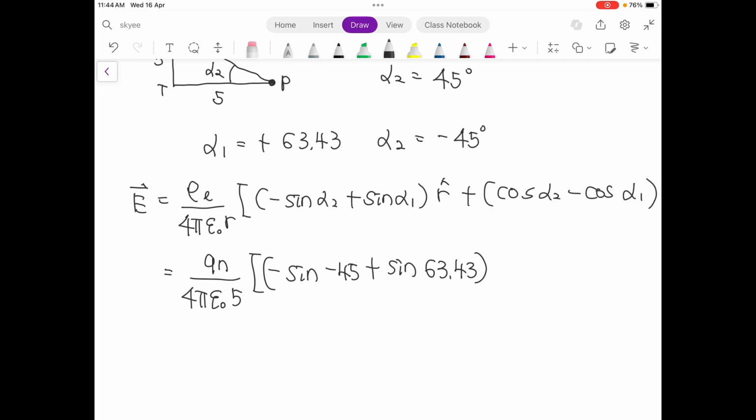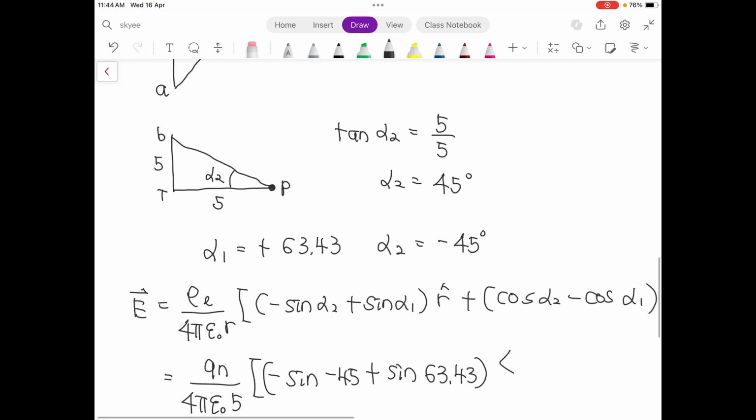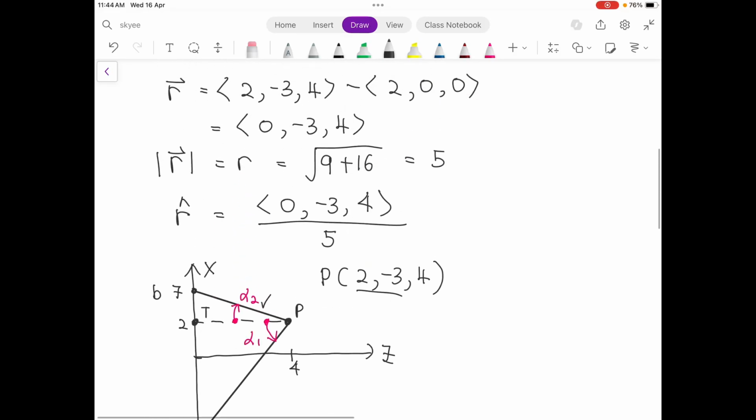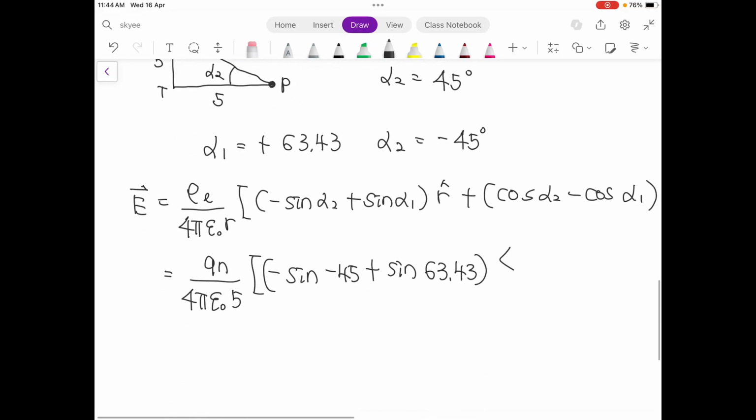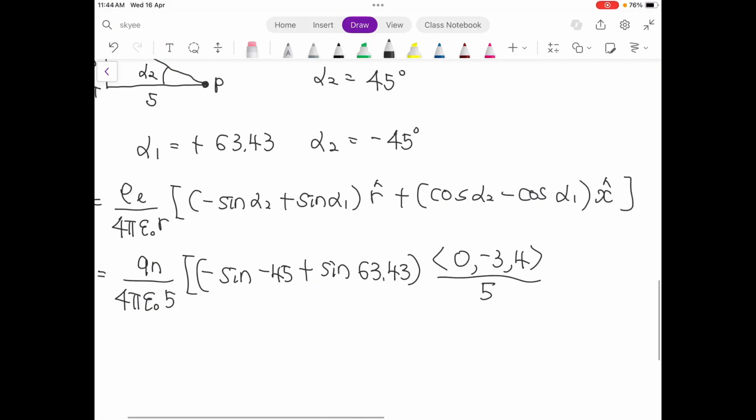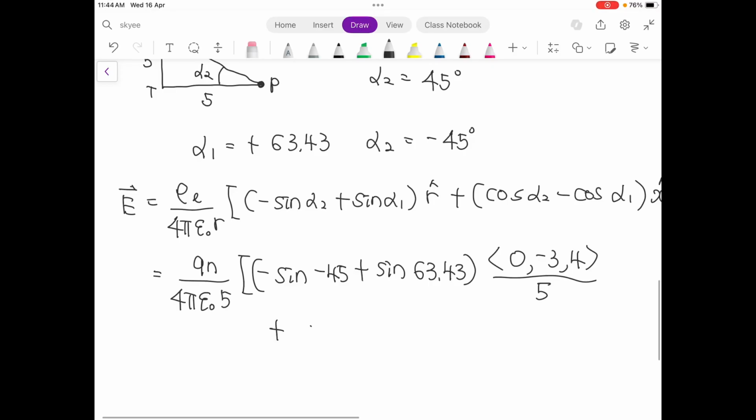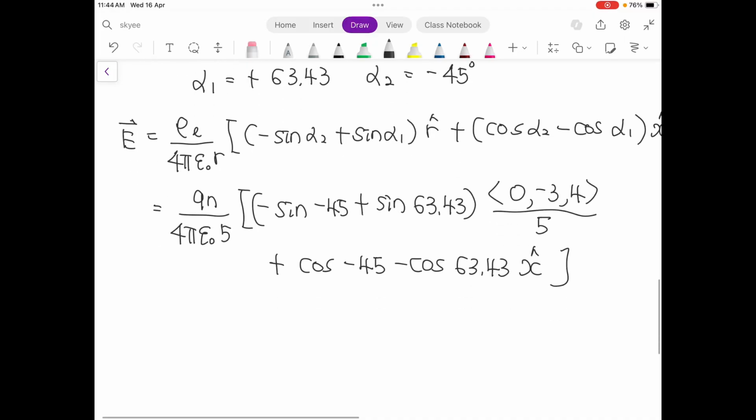Then we have our unit vector R, which is (0, negative 3, 4) over 5. And plus the cos of alpha 2, negative 45, minus the cos 63.43, times X. So we have everything in the equation, and now we have to calculate.